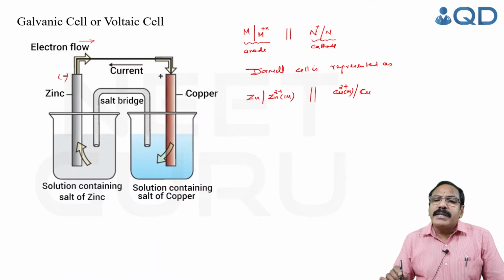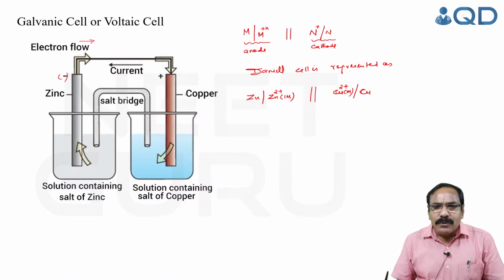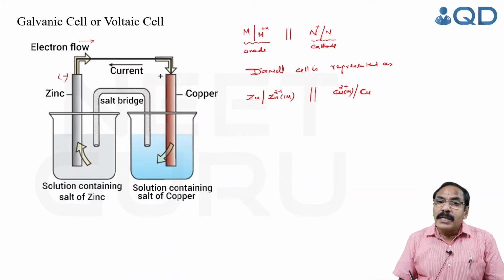It is a spontaneous redox reaction. Now, how will you find out the electromotive force or the EMF? It is the potential difference between the cathode and the anode. There is a spontaneous flow of electric current, like heat flows from hot end to cold end.